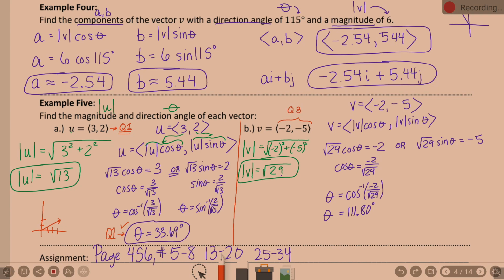What kind of answer should we have then, since it's quadrant 3? Somewhere between 180 and 270. You guys with me? Okay. Our answer should be somewhere between 180 degrees and 270 degrees. Is that what I got? No. Now, I'm not saying we're wrong.